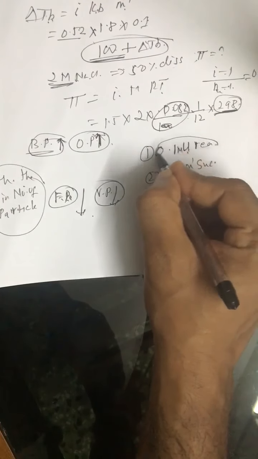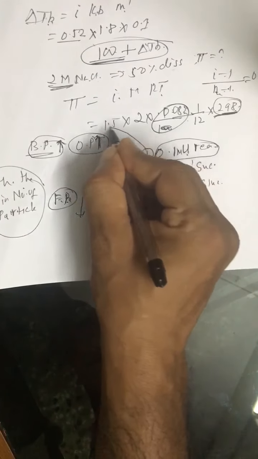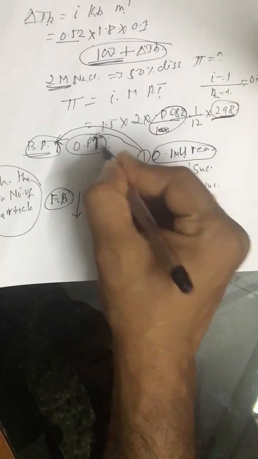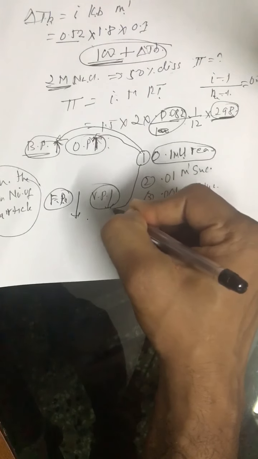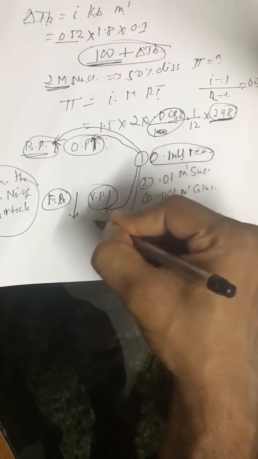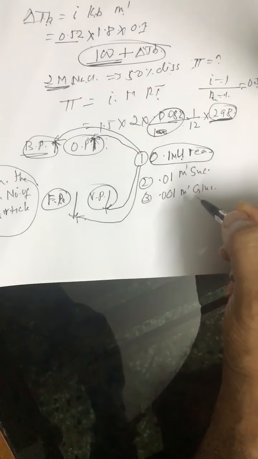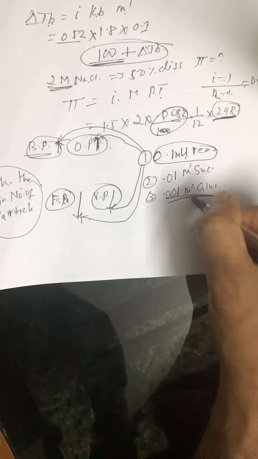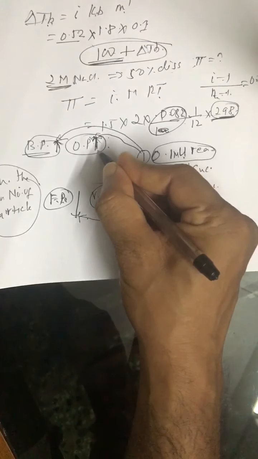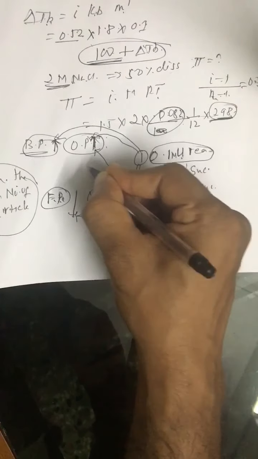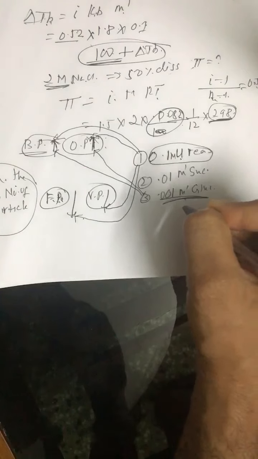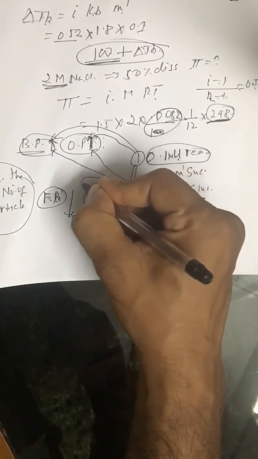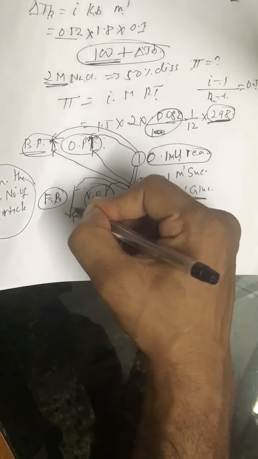The solution with the maximum number of solute particles will show the highest BP, highest OP, lowest vapor pressure, and lowest freezing point. Whereas the solution having the minimum number of particles will show the lowest osmotic pressure, lowest boiling point, largest vapor pressure, and highest freezing point.